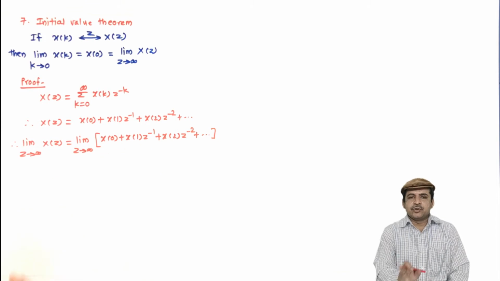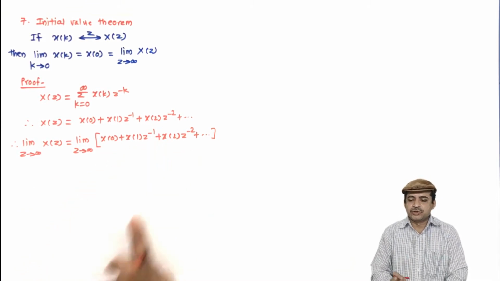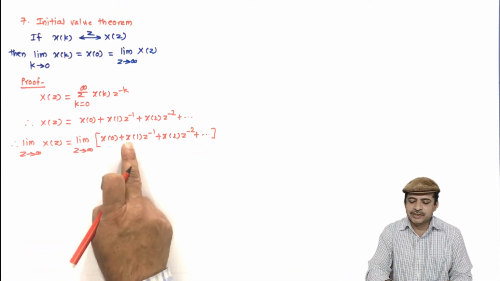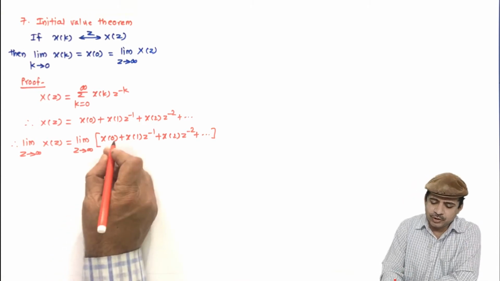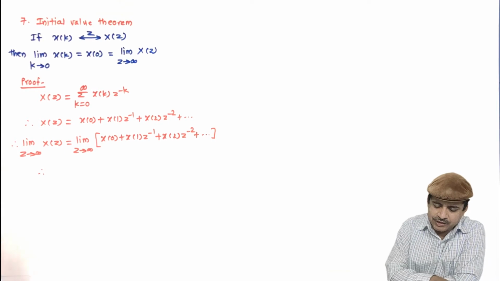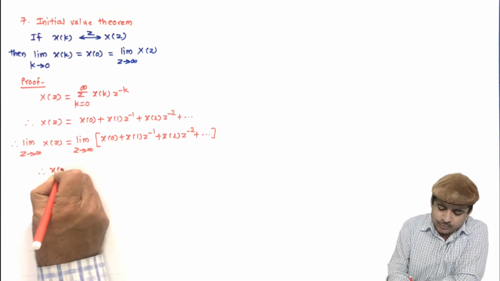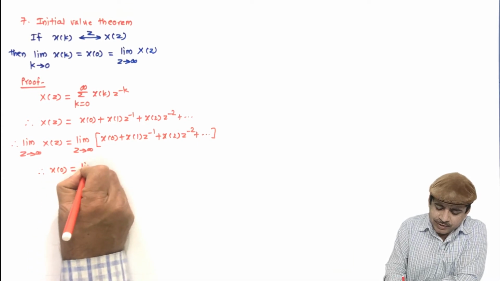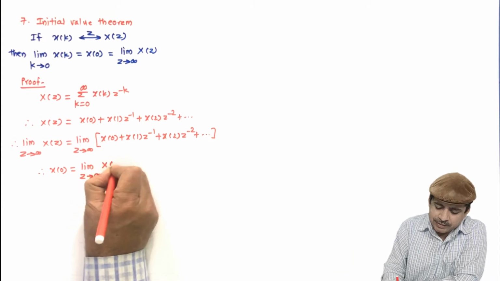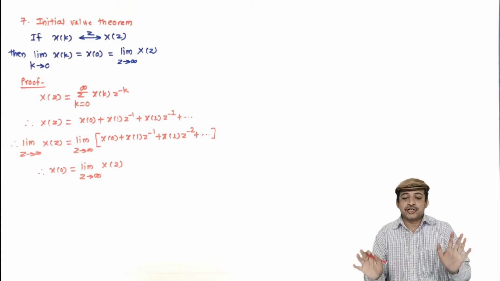If I put z equal to infinity in this function, z raised to minus 1 becomes 0, z raised to minus 2 becomes 0, and all negative powers of z become 0, and these terms vanish. So this is nothing but x(0). Now I will exchange RHS to LHS and LHS to RHS. So I get x(0), which is equal to limit z tends to infinity of X(z). It is proved. Very straightforward.